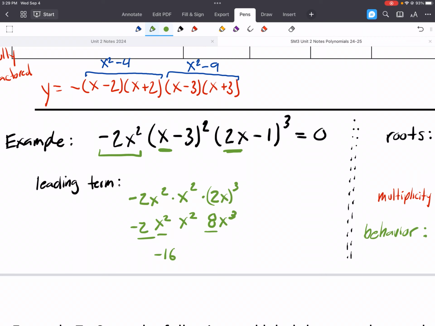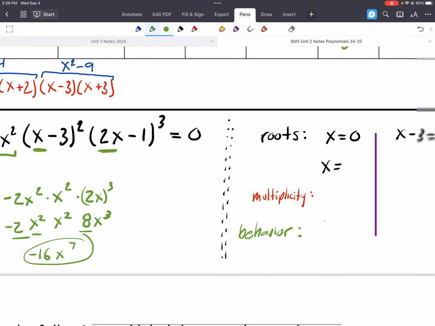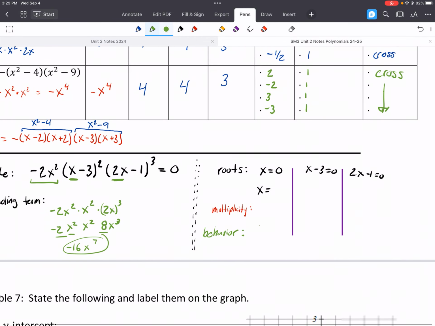Again, we add those exponents, we get x to the 7th. So that would be our leading term, and then we could write down some of this other information. Our roots: from the first factor, we'd get a 0. From our second factor, we would get 3, and from our last factor, we would get 1/2.